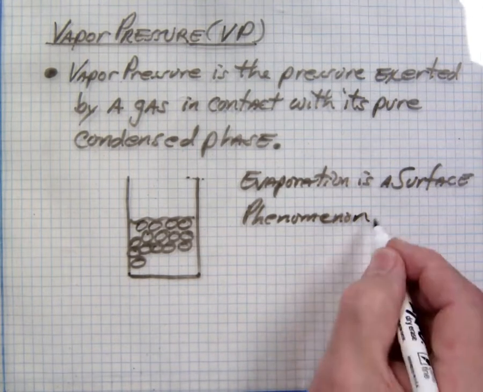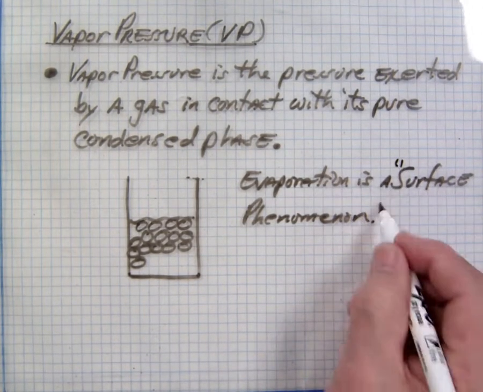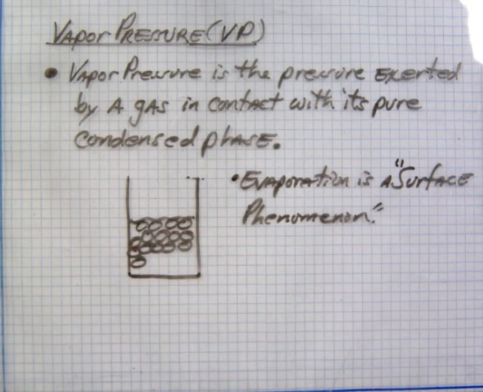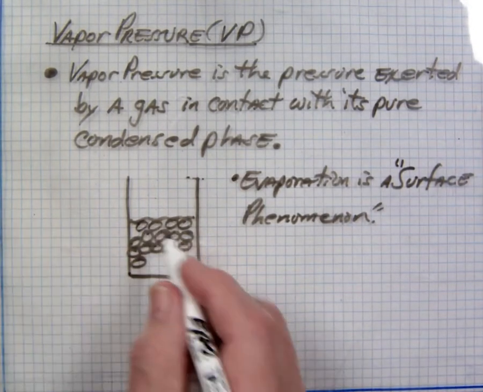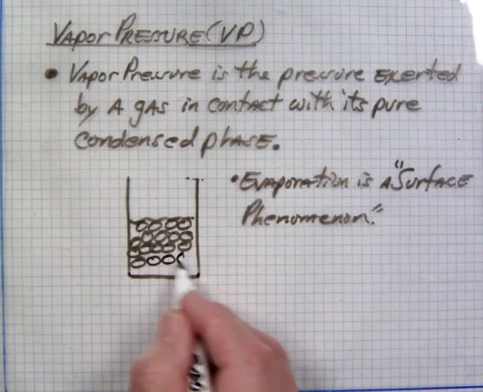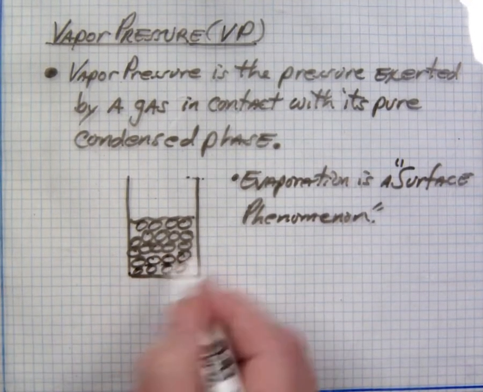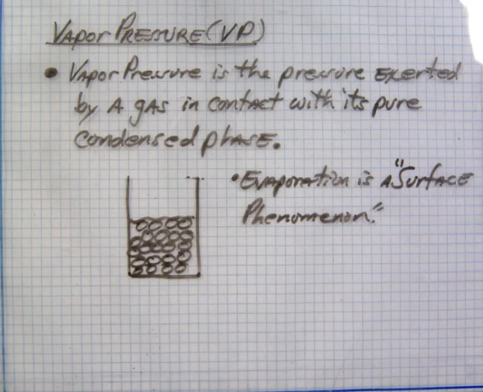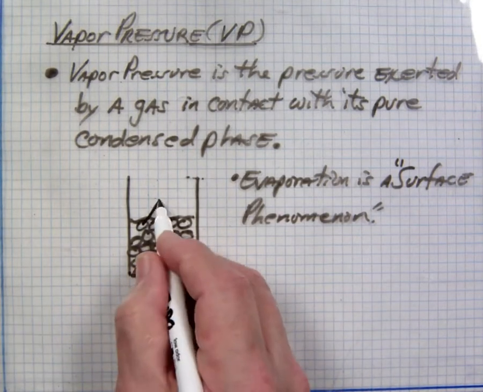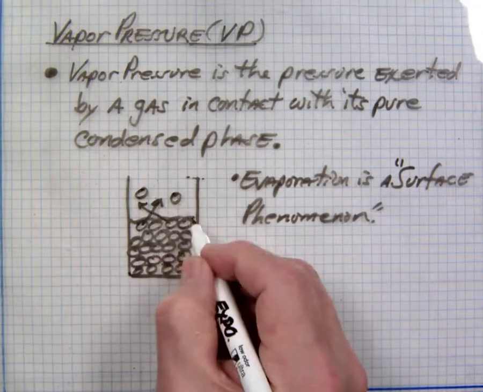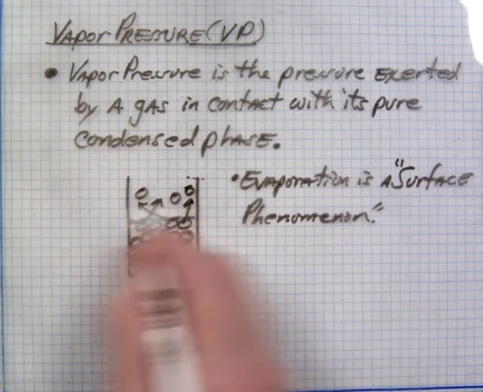Only particles that are next to the surface will evaporate. The internal molecules are all held in place by attractive forces. So we get a few particles that will evaporate and they will be moving around.